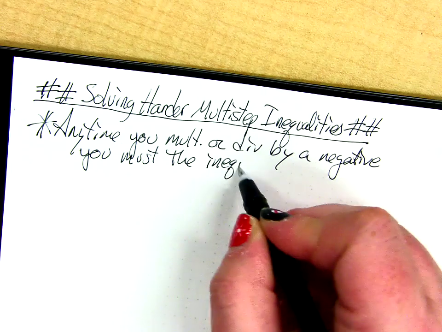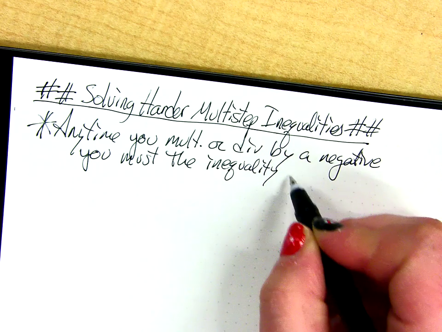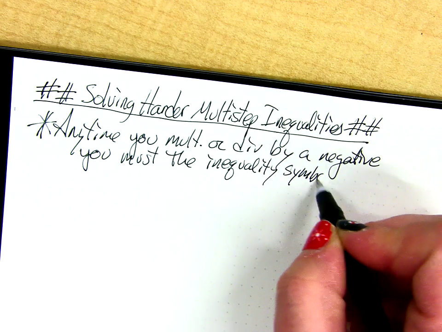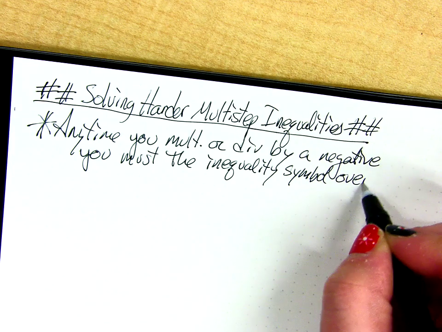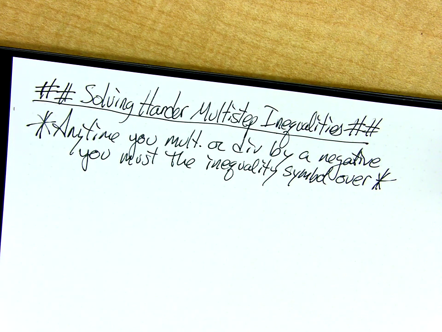Flip the inequality symbol over. Okay, so we've written this at least 3 times, but it's that important. Everything else is the exact same stuff that you would always do.